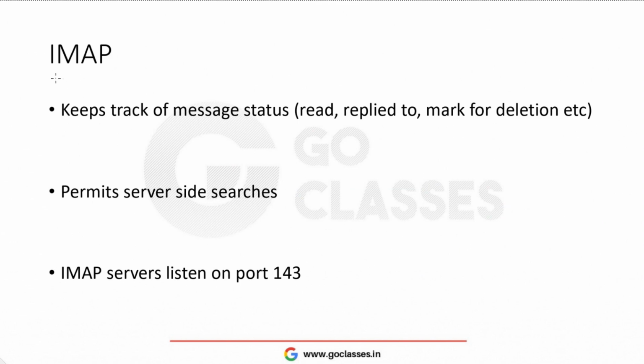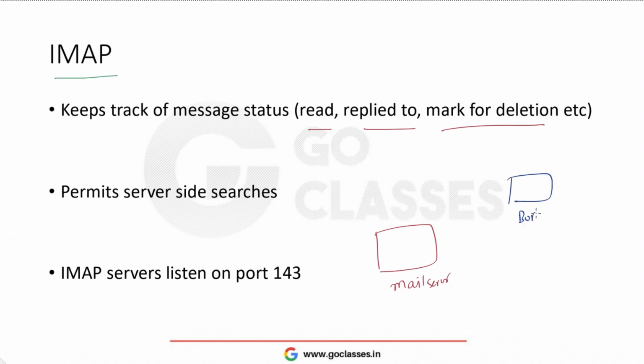Now let's talk about IMAP, which is used most popularly nowadays. It keeps track of the message status, which means whether it is read, whether it is replied to, whether it is marked for deletion, these things. And it does not delete the mails permanently, which means if this is the mail server of Bob's organization and this is Bob, then IMAP handles mails on the mailbox only, which means the mails are never downloaded to Bob.